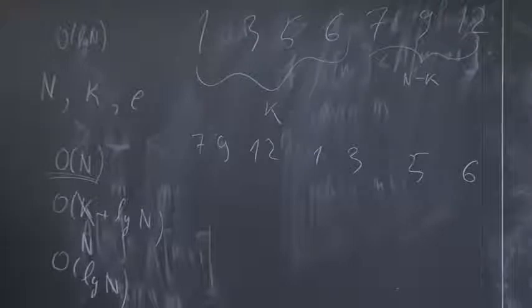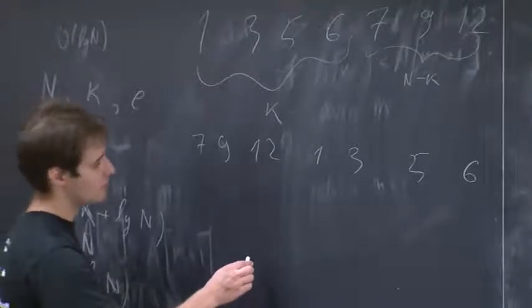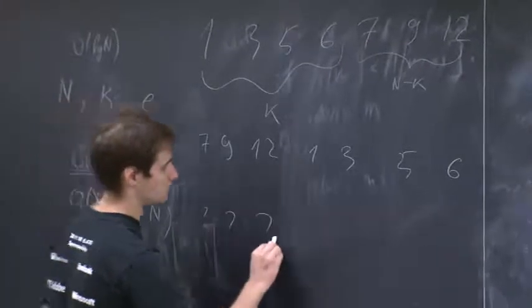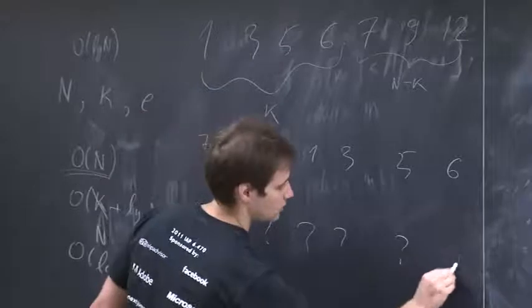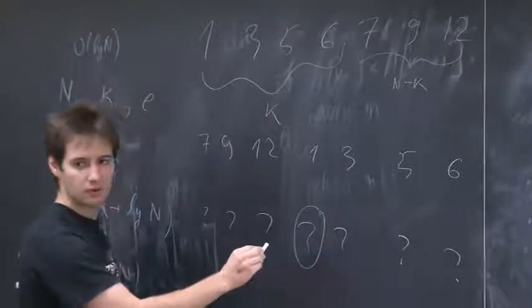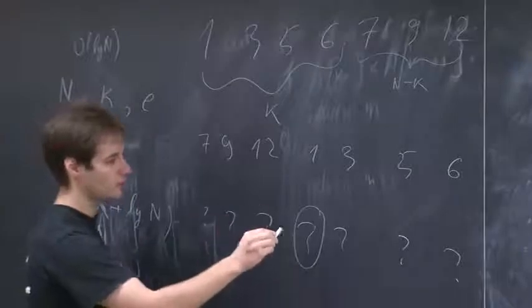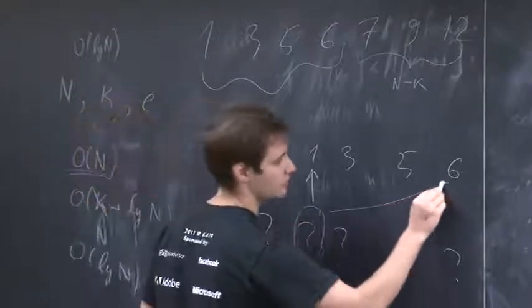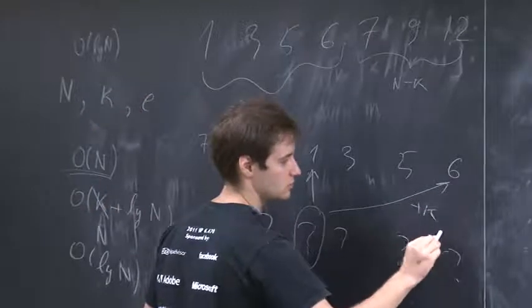So you have a pretend array in your mind, all shifted by k. You want to access the middle element to see if what you're looking for is bigger or smaller. Instead of looking at the middle element here, you look at the middle plus k.